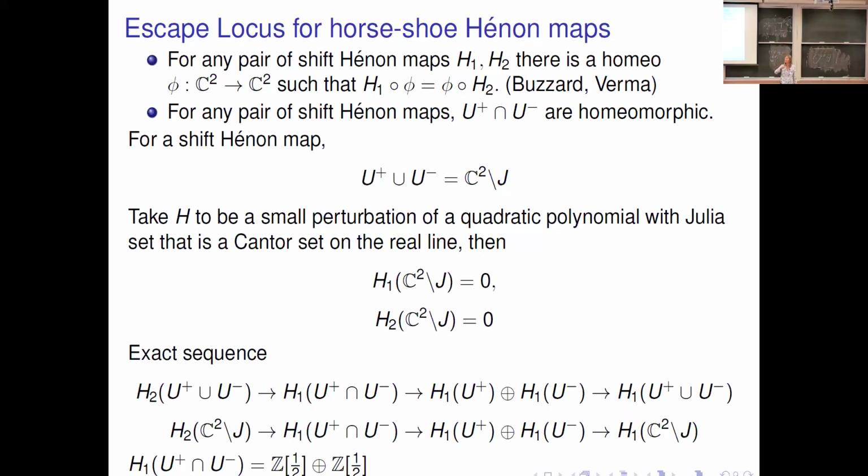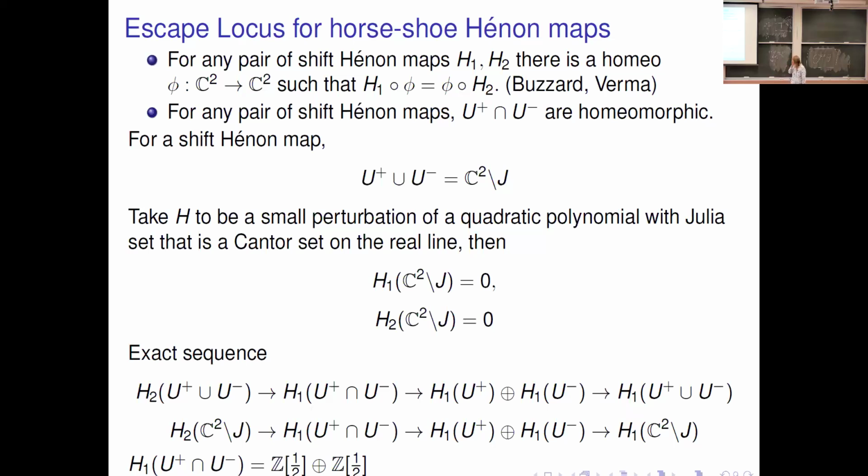They didn't provide a natural holomorphic motion, but they constructed one that provides this conjugacy. So we can take any horseshoe Henon map, prove this theorem for that particular map, and it will hold for all of them.